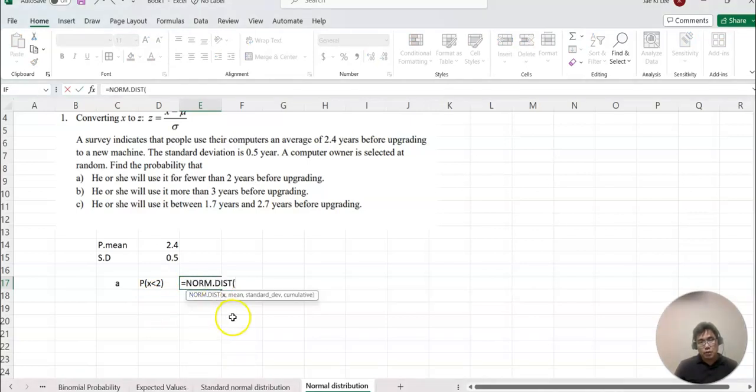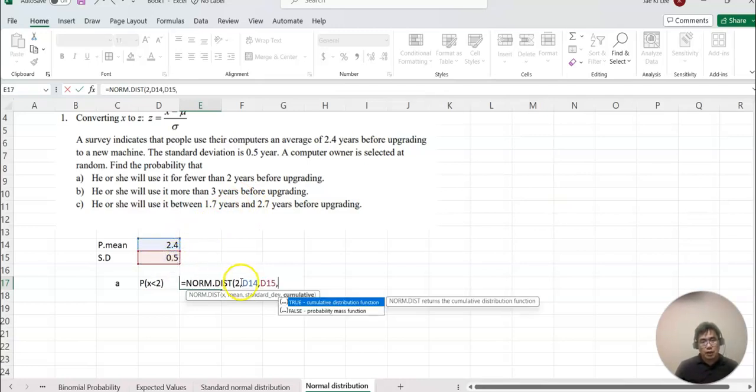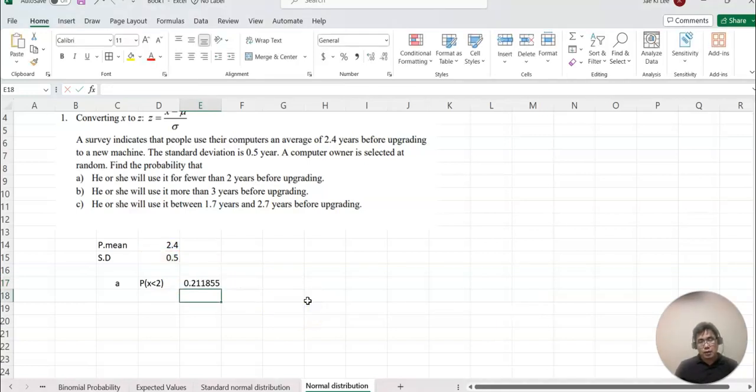Now you need to indicate x first. X is 2, so 2 comma, then the mean value 2.4 comma, the standard deviation 0.5 comma, and cumulative is true. Then enter. That should be the answer for this problem.